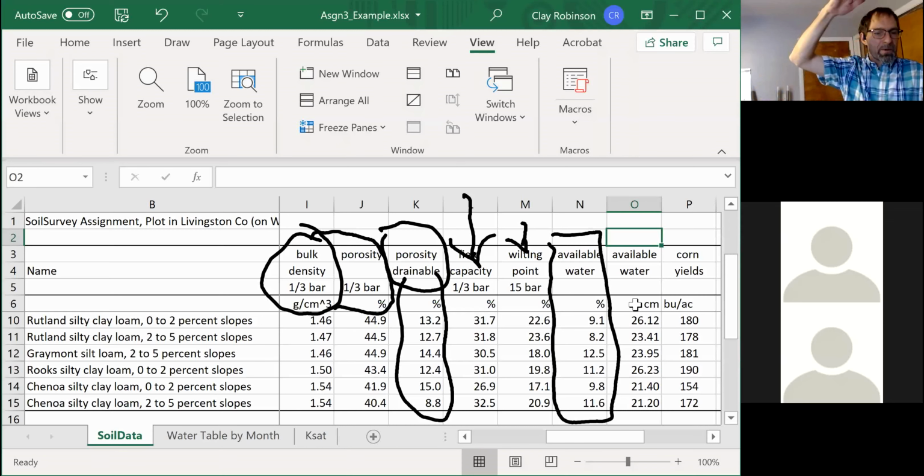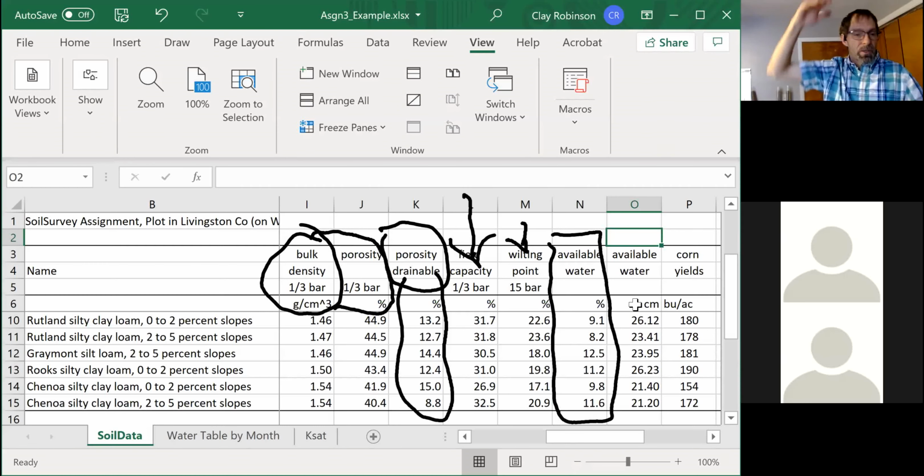So again, let me use some easy numbers. If I had a 100 centimeter soil profile and 9% of that is available water, 100 times 9 is 9 centimeters.